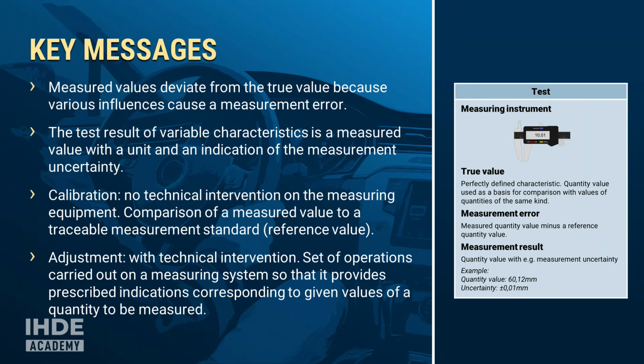Calibration, no technical intervention on the measuring equipment. Comparison of a measured value to a traceable measurement standard, reference value. Adjustment, with technical intervention. Set of operations carried out on a measuring system so that it provides prescribed indications corresponding to given values of a quantity to be measured.